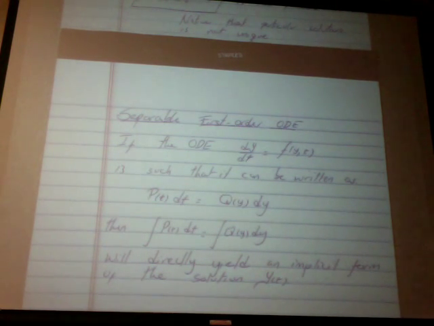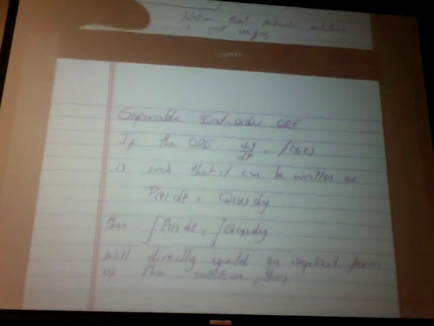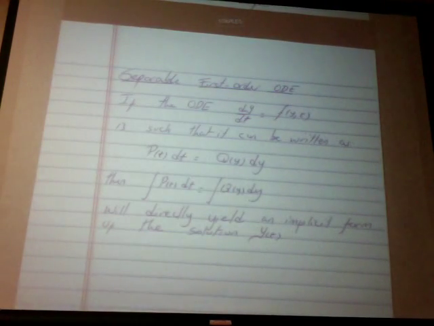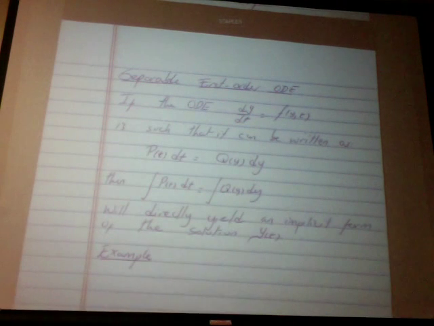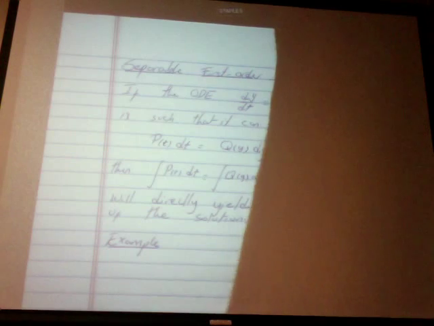Implicit meaning that it's not necessarily written as y of t equals to some function of t. You might have y in combination with t's, but at least you have a relationship of y and t. Okay. So that's the first case. And if it happens to be separable, then the solution is readily available and simple.